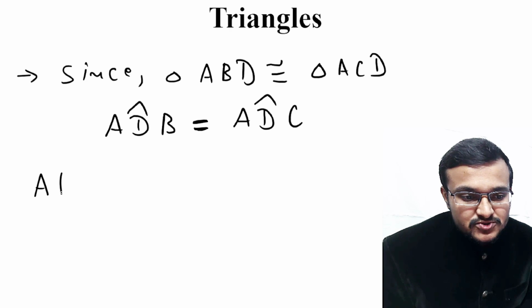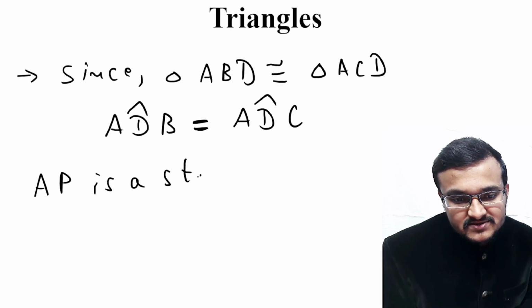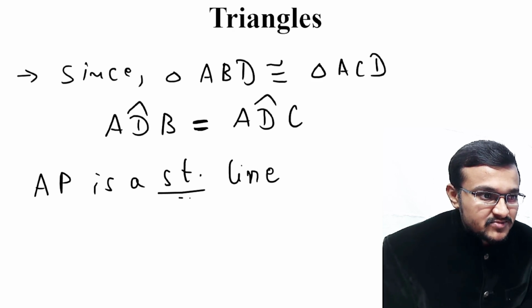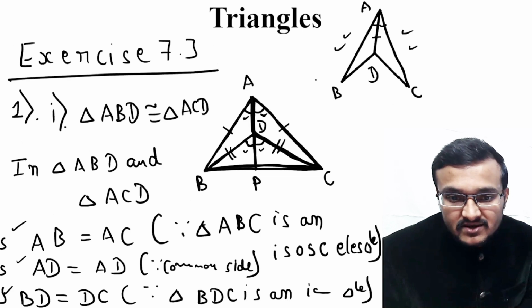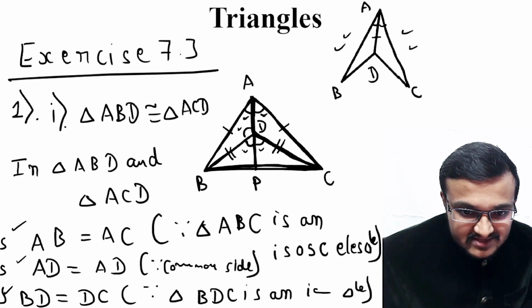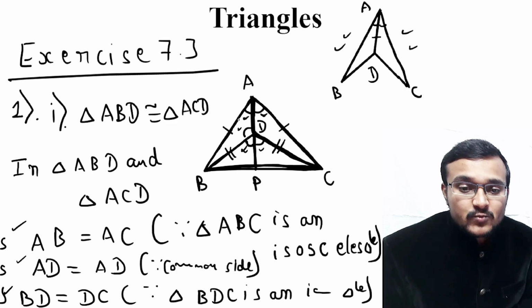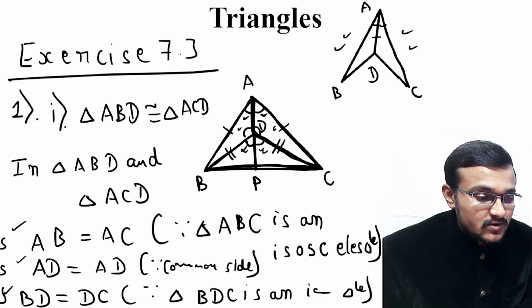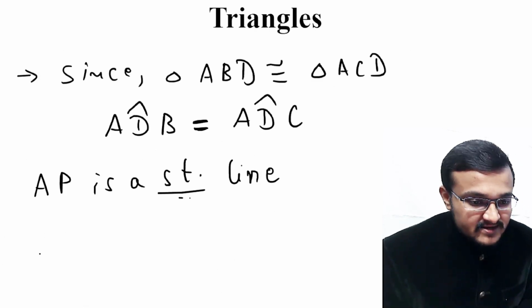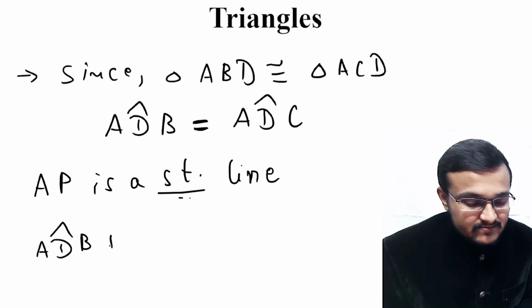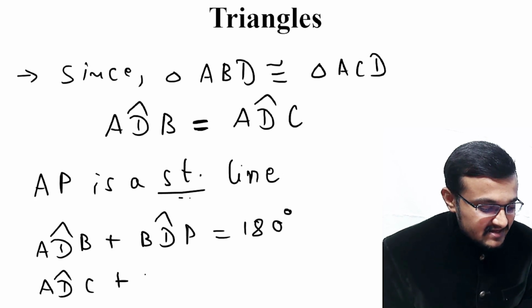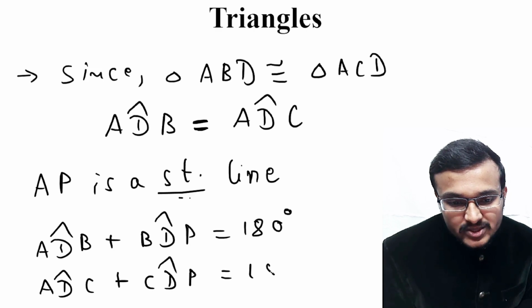Here AP is also a straight line. So since AP is a straight line, in this particular image, if you add this particular angle with this particular angle, then the total should be 180 degrees, and this angle added with this angle should also total 180 degrees. So angle ADB plus angle BDP is equal to 180 degrees, and angle ADC plus angle CDP is also equal to 180 degrees.